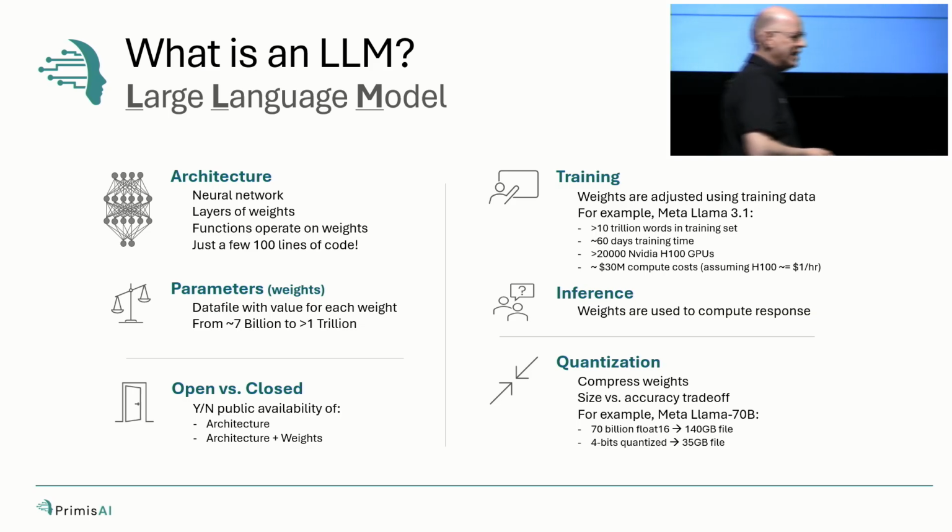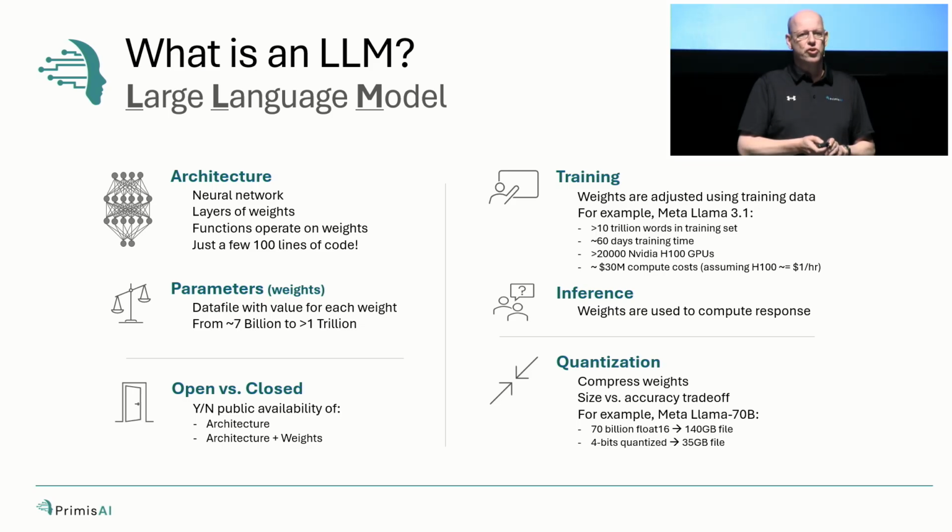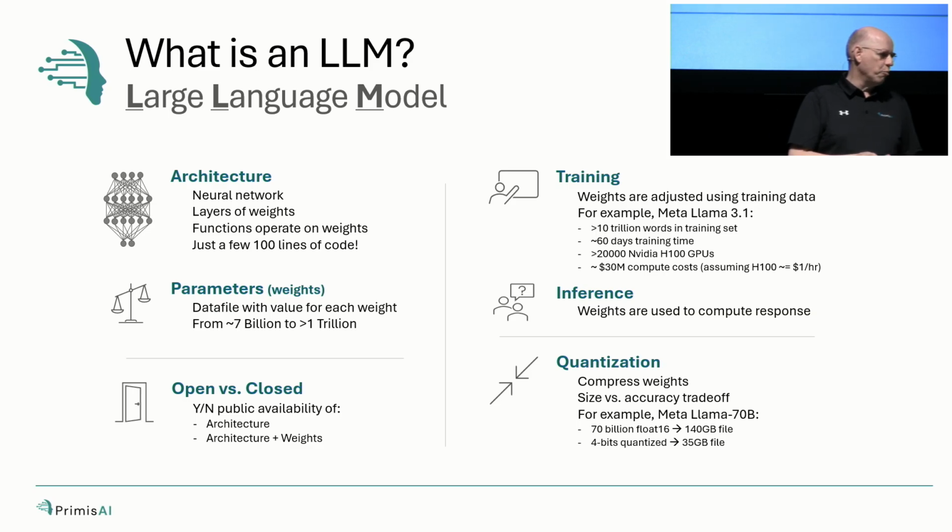If you look at the training, the amount of time, data and compute effort needed to train LLMs is very significant. For example, for Llama 3.1, we're talking about a training data set of about 10 trillion words. It takes about 60 days to complete the training.